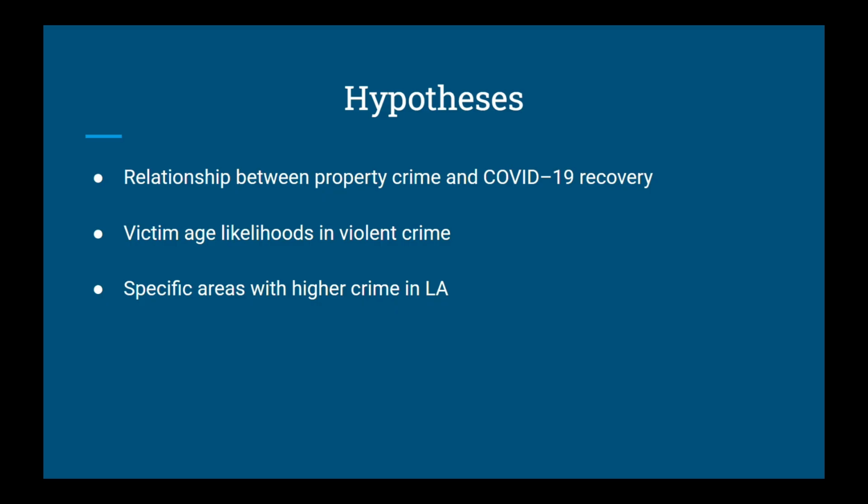I picked this age range because I did a simple Google search of what's considered a young adult, and young adults are typically from ages 18 to 35. So that's the age range I picked. And with this hypothesis, I also created other bins for people over 60 or people under 18.